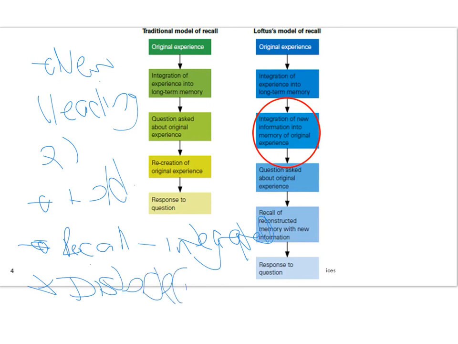So the three points are new information, old information, then after it's been reconsolidated, the reconstruction of that existing memory is distorted.